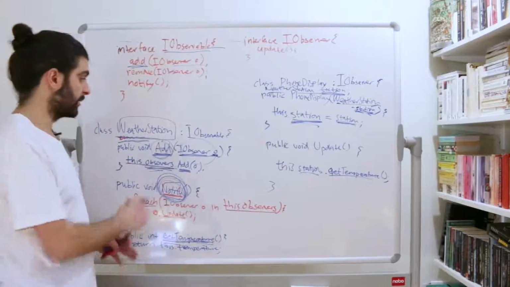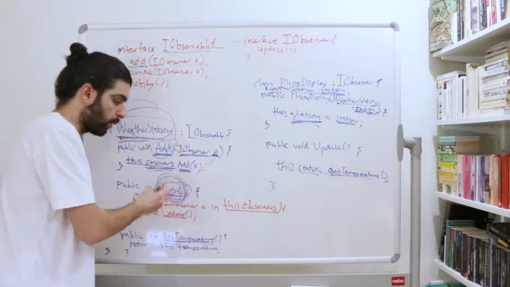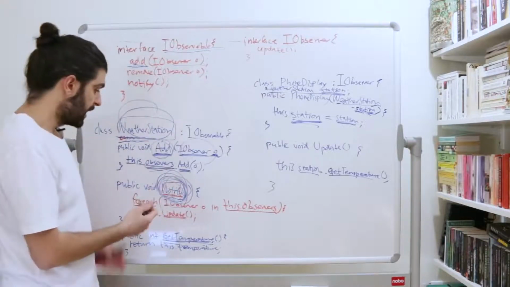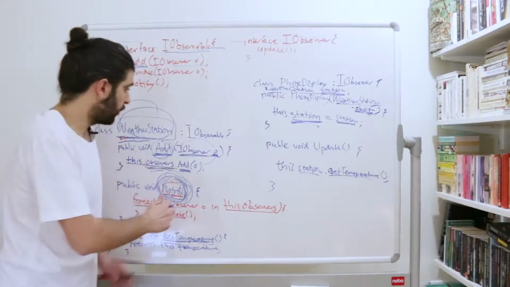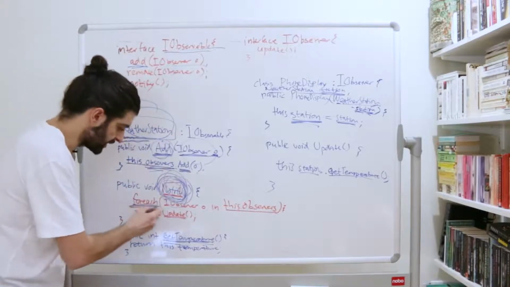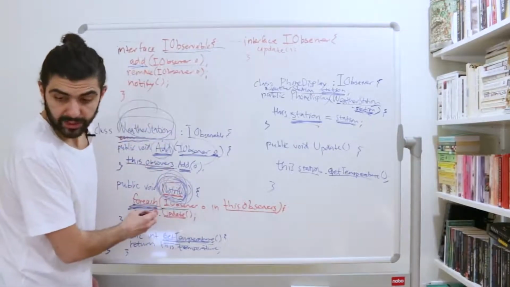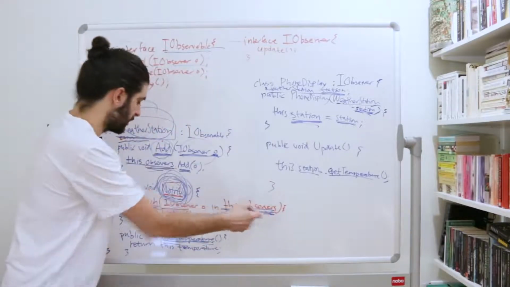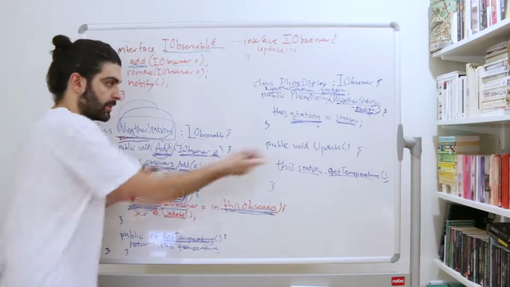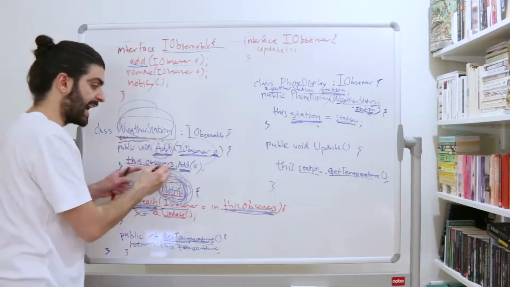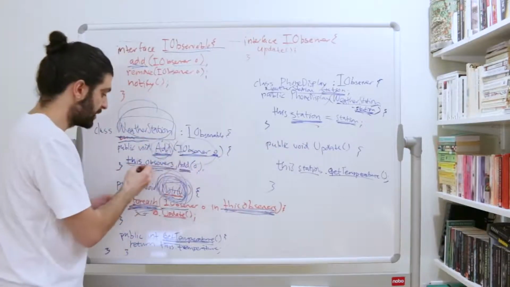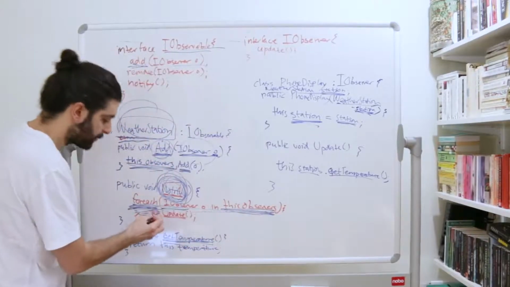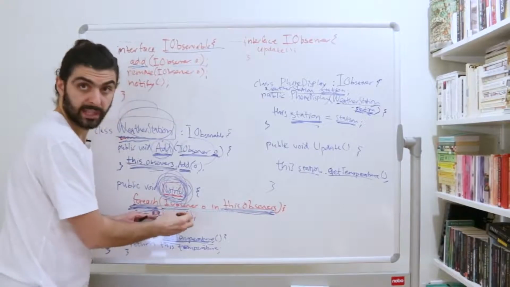Regardless of whether the weather station itself calls the notify method or somebody else calls it, when the notify method is called, the weather station iterates through its collection of observers, this.observers, and this collection contains the observer that we passed in before because we called the add method. So we iterate through that list of observers, and for each of the observers we say .update.